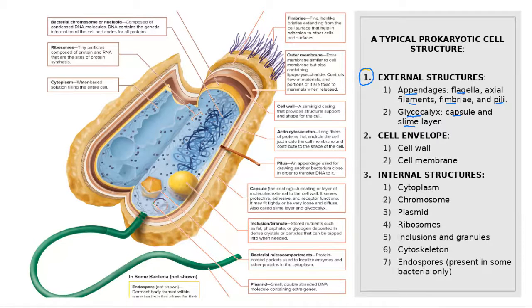The second group of structure is called the cell envelope. This is the one that we will study today. The cell envelope of bacteria or prokaryotic cells consists of two main layers. The first one is the cell wall, and the second one is the cell membrane.